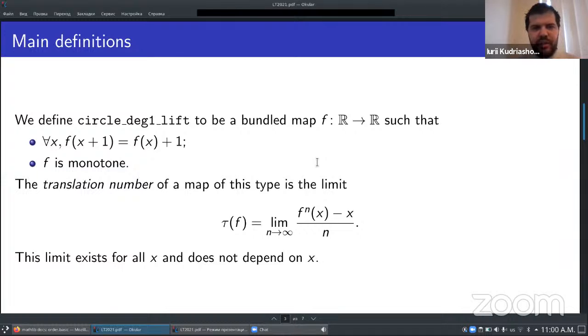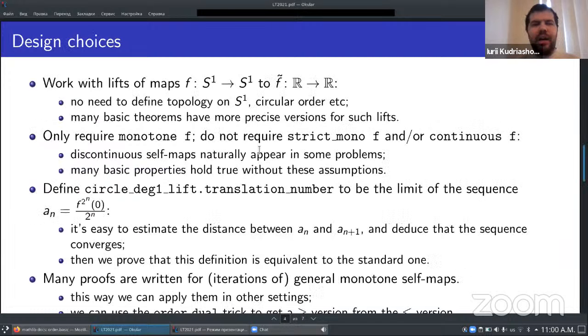I talk about lifts of maps from S1 to S1 to maps from R to R, more or less for two reasons. First, we do not have a general theory of covering spaces, etc., in Mathlib yet.